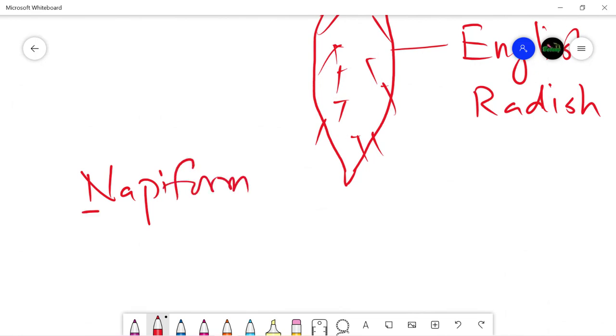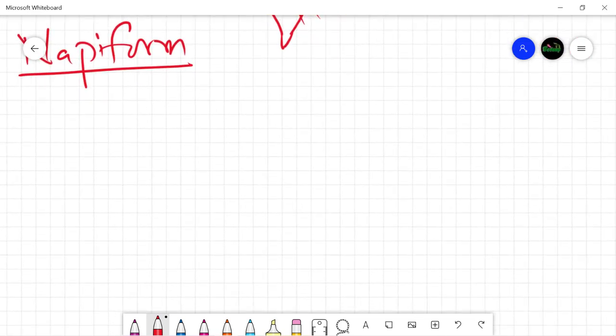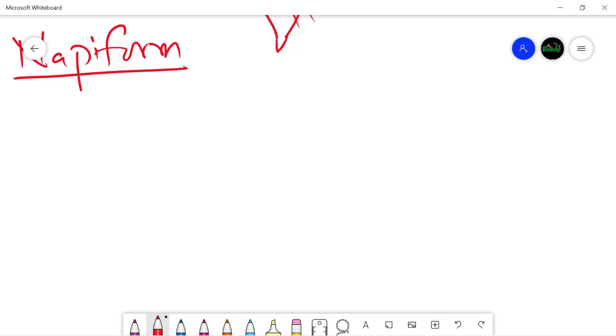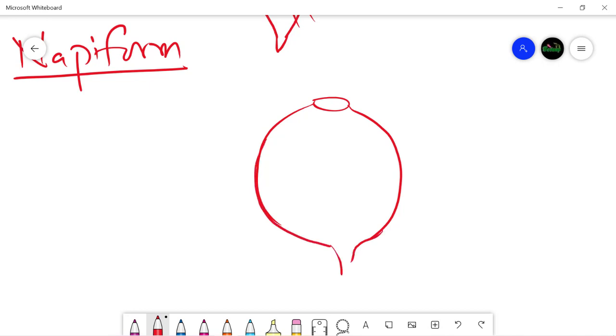Third kind is napiform. This is also a thick tuberous root. Now napiform is quite thick at one end and then it suddenly tapers at the other end like this, narrowing down at the other end, whereas it's quite thick at one end. Same reduced stem.